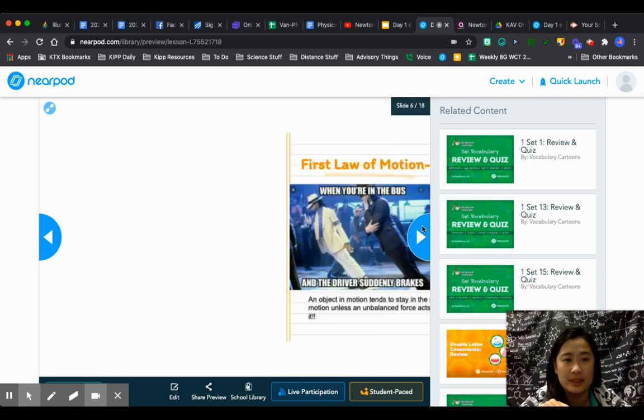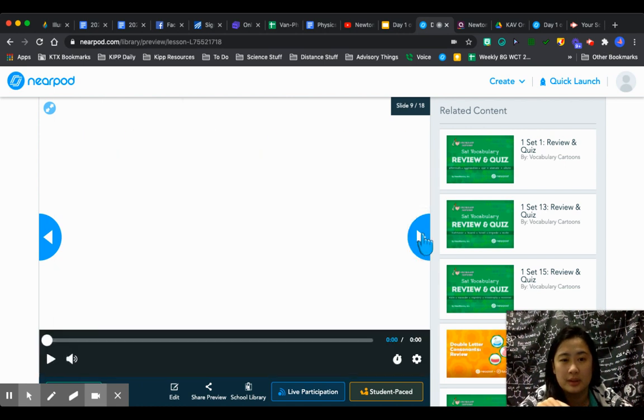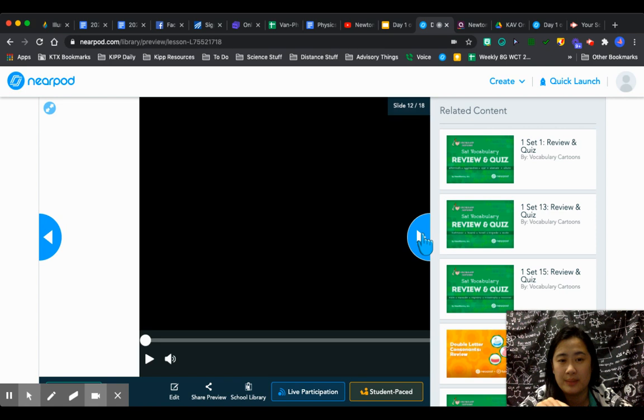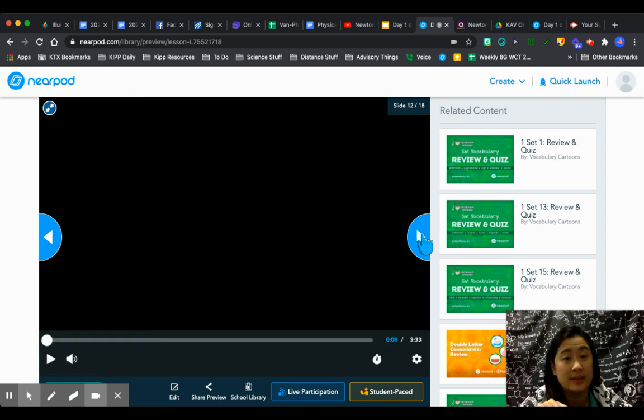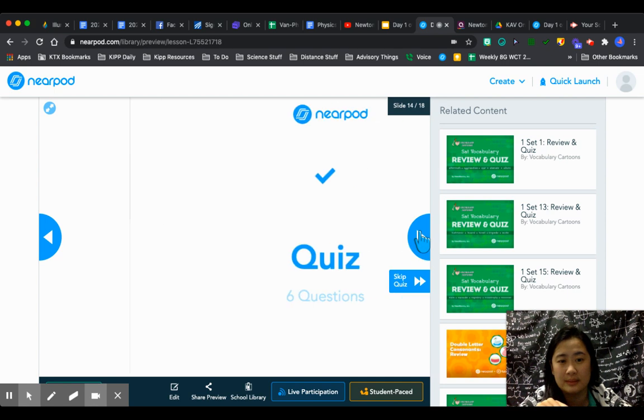Let me give you one preview of this activity that might be confusing for you that is focused on the second law of motion and practice on it mathematically.